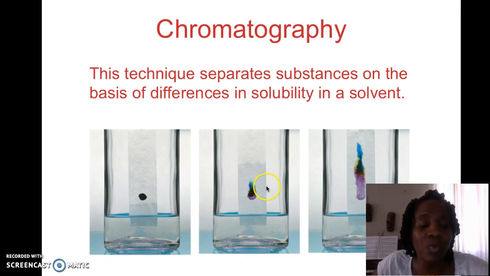So in this case, if we put a little bit of marker ink on a piece of paper and dipped it into some water, as the water moves up the paper through capillary action, you can see that the different chemicals that are in the ink are actually going to move up at different rates. And by using the ratio of the distance that they traveled, you can actually identify the compound itself.